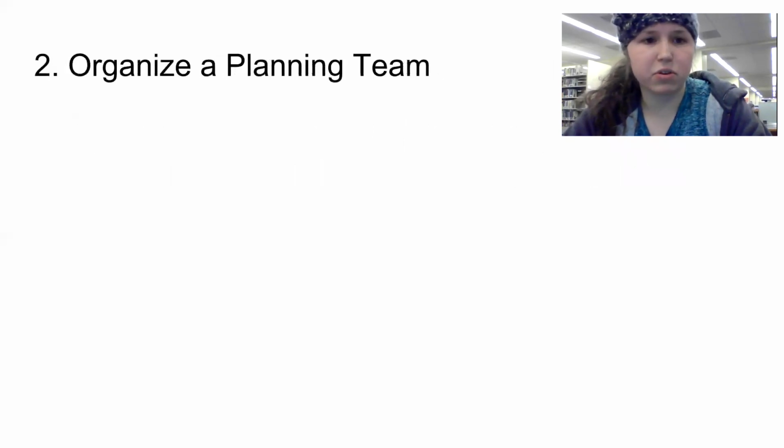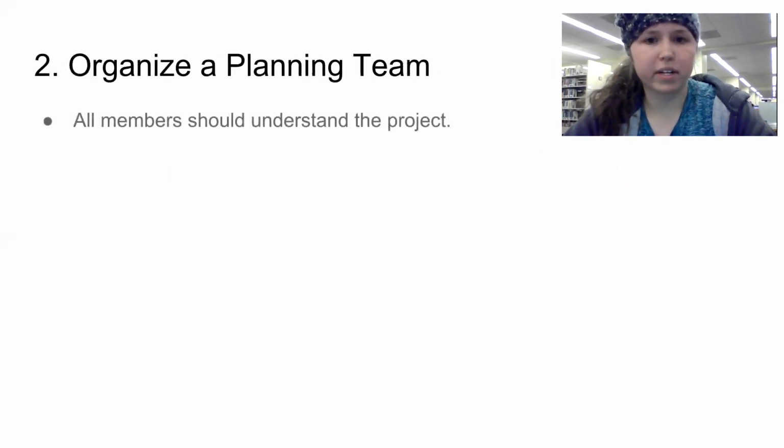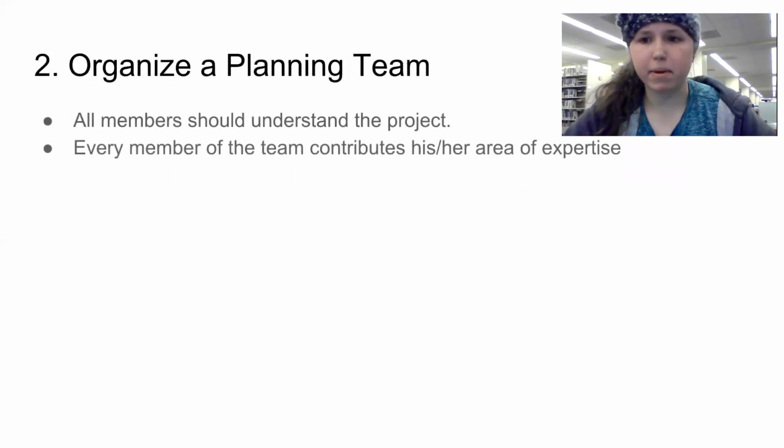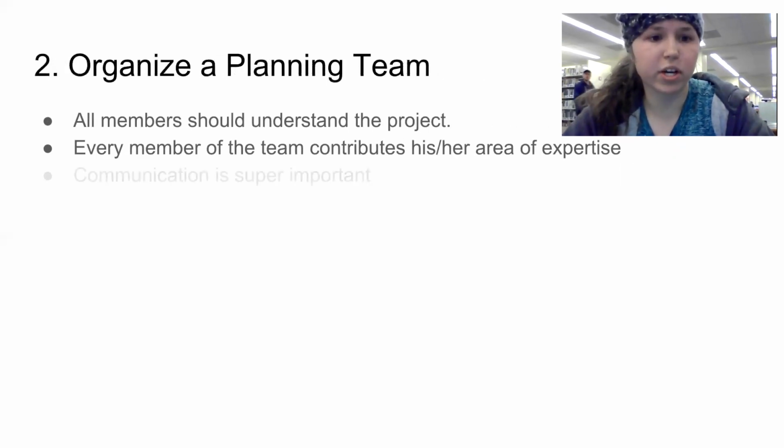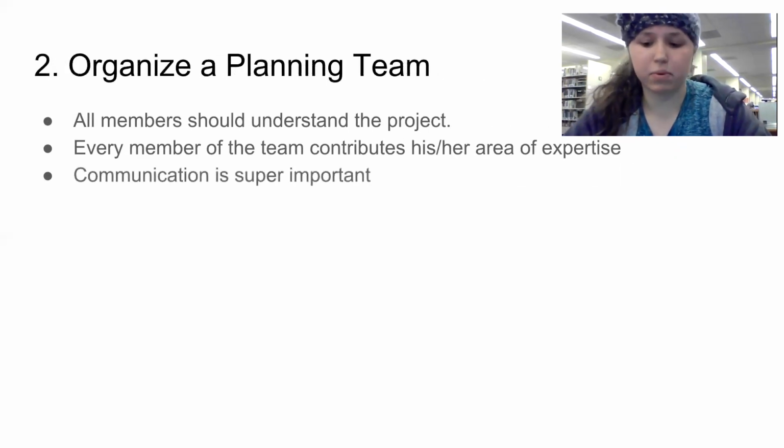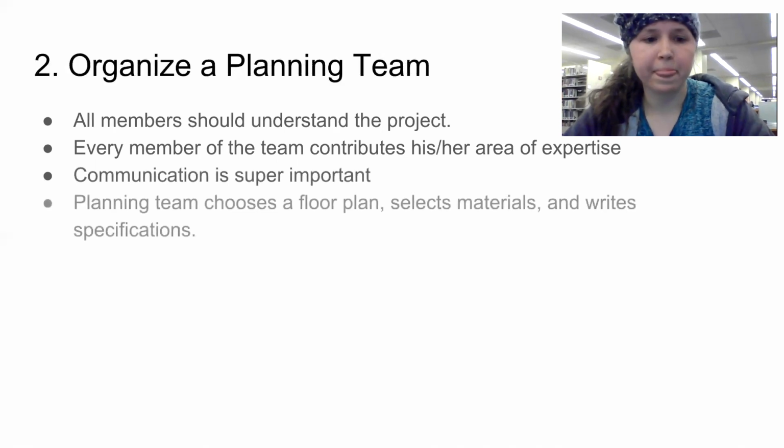After you design your prospectus, you're going to organize a planning team. This is pretty straightforward, but all members of your team should understand your project. That's why you have your prospectus in the first place. Every member of your team will contribute their area of expertise to the success of your project. Communication is obviously super important because you want everyone to be on the same level as far as the project is concerned.